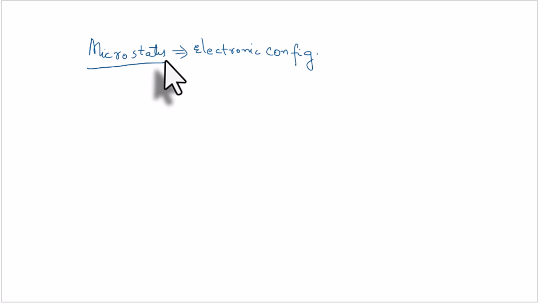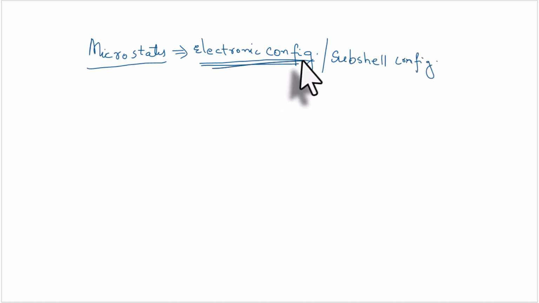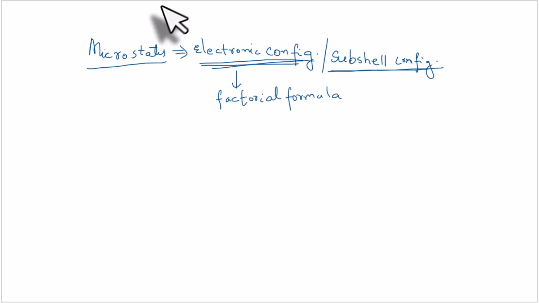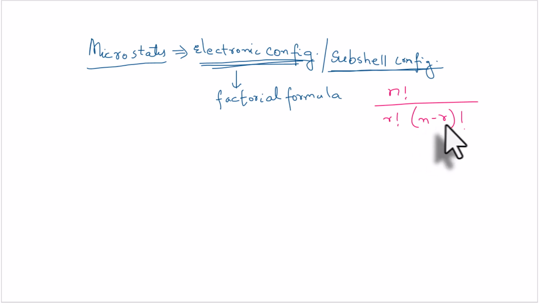For microstate calculation corresponding to an electronic configuration, we need to consider the entire subshell configuration and apply the factorial formula, which you must have come across previously: n factorial over r factorial times n minus r factorial, where n is twice the number of orbitals and r is the number of electrons, and we take the factorials and divide.